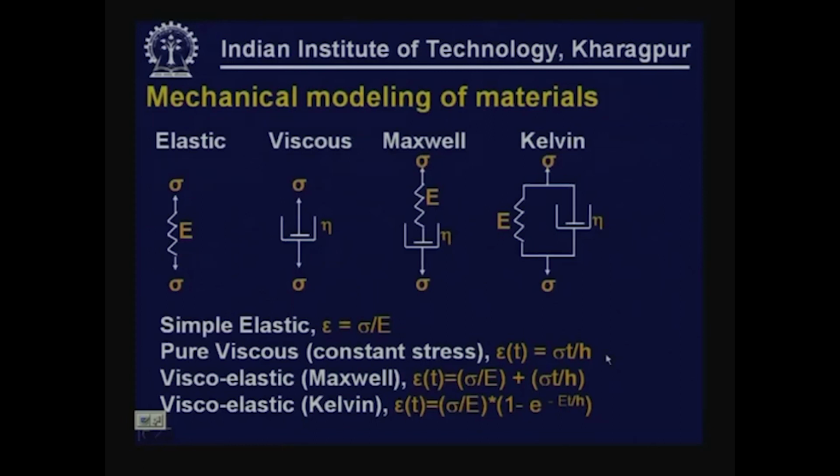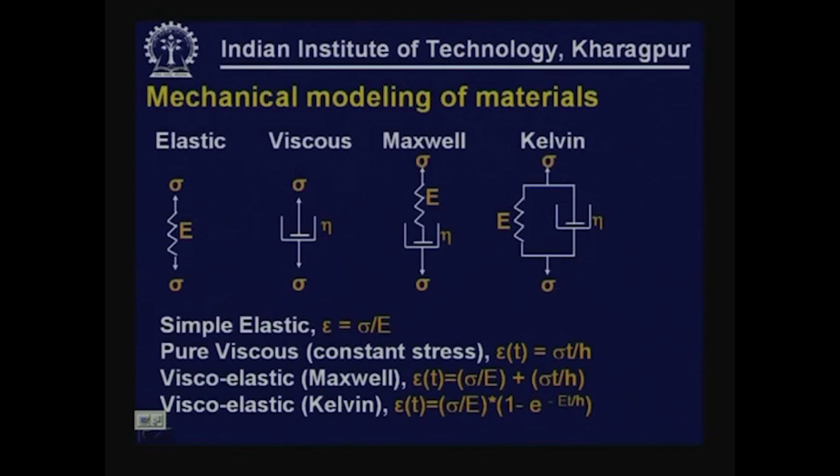These are some simple mechanical elements that can be used to describe the mechanical behavior of different materials. For a simple pure elastic material, a spring can be used with an elastic constant E. When this element is subjected to a stress sigma, the strain is simply given by sigma by E, which we all know.